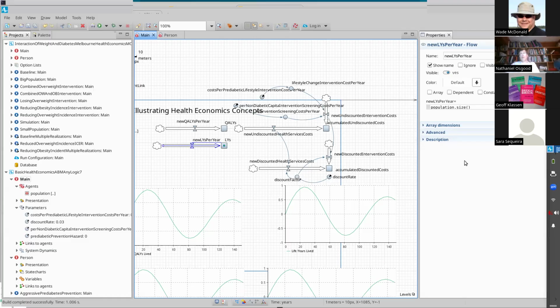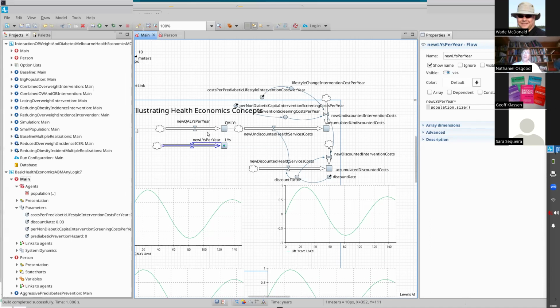Living their third year, they've lived 3 life years. It just accumulates like that. If there were 2 people in the population, then in the first year they accumulate 2, and then accumulate 4, and then accumulate 8. That's why the flow in is given by the total population. I mean, that's how quickly the stock is rising.